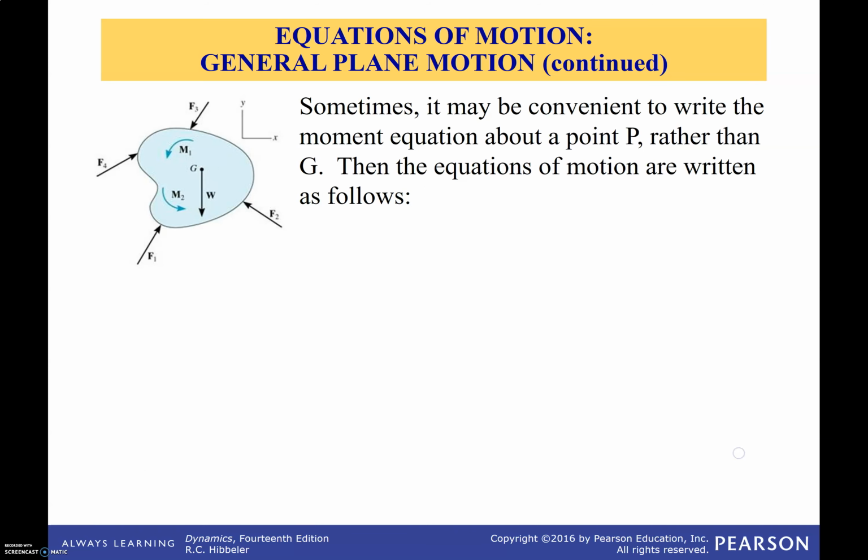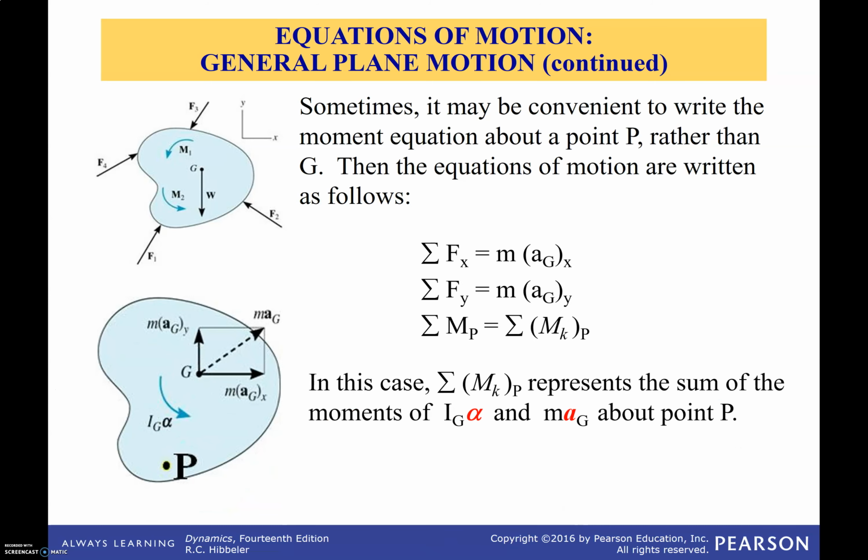Now, if we need to do the equations about a particular point P, right, that is not the center of mass, then the first two equations remain the same, right? So these are the translation equations, but then this changes. So the moments about P have to be equal to the kinetic moments. What are these kinetic moments?